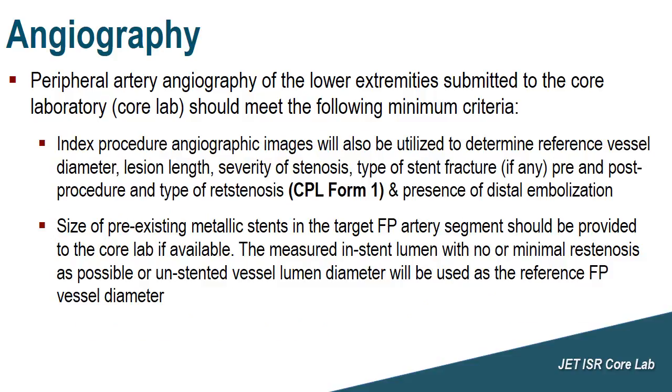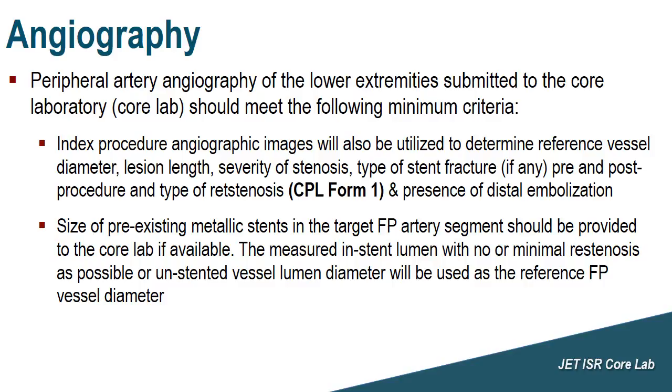Index procedure angiographic images will also be utilized to determine reference vessel diameter, lesion length, severity of stenosis, as I explained, types of stent fracture, if any, and post-procedure success of treatment, types of restenosis, if any, and presence or absence of distal embolization.